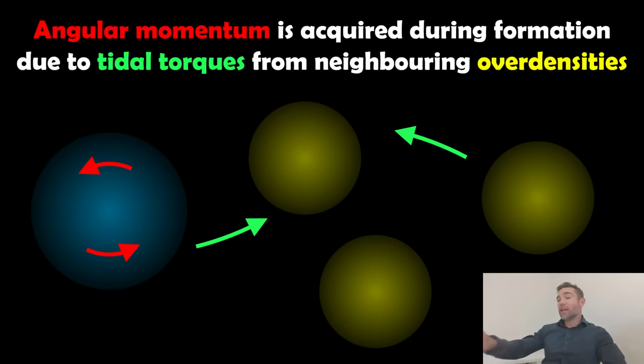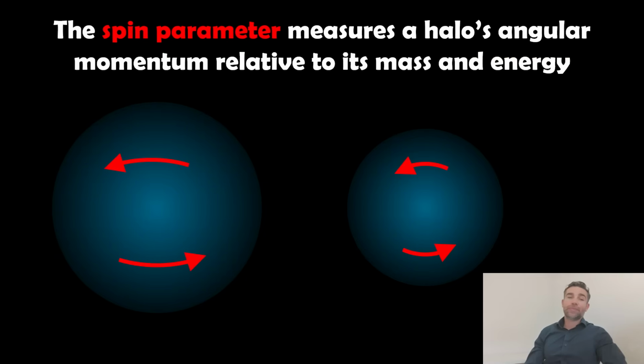So you've got these overdense regions in the universe, and the way they interact gravitationally can actually impart some angular momentum at the start. Now, obviously, depending on how they're interacting during that formation process is going to dictate just how much tidal torque there is and how much angular momentum those dark matter halos subsequently end up with.